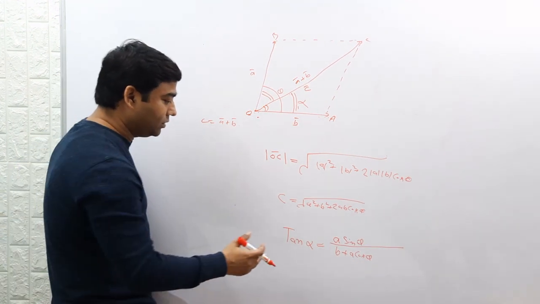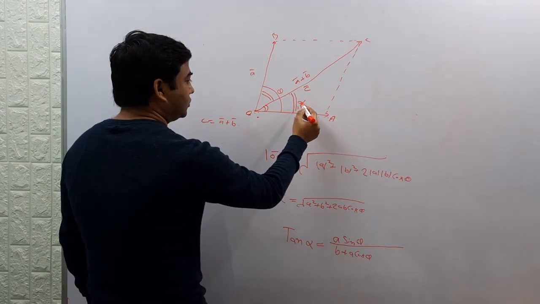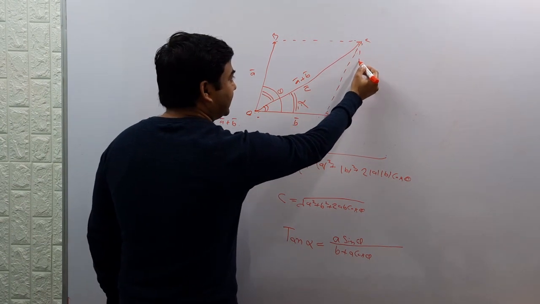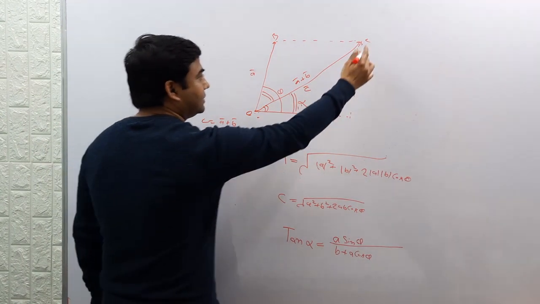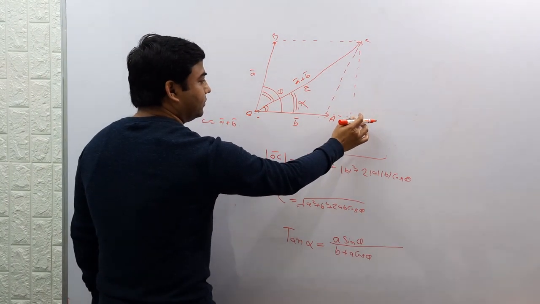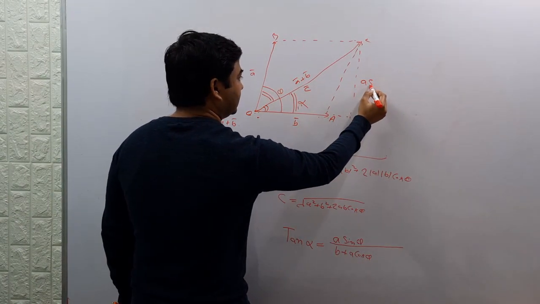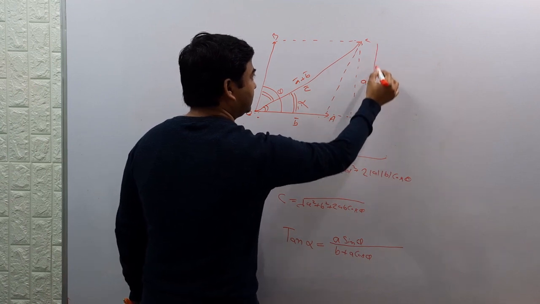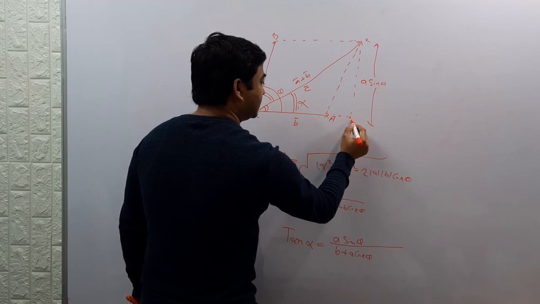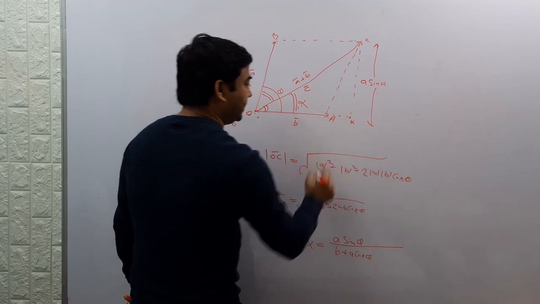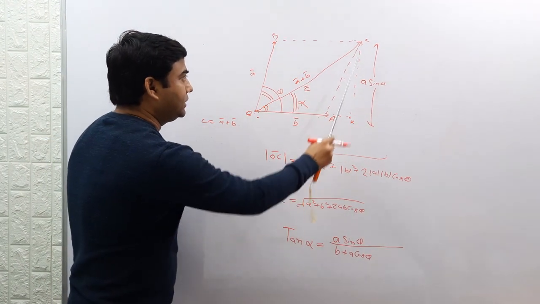So how to remember this formula actually? To calculate tan alpha, you just make a right angle triangle. Tan alpha is this vertical length divided by this length. So this vertical length is A sin theta. Like this, let this point be K. So this is the right angle triangle OKC.